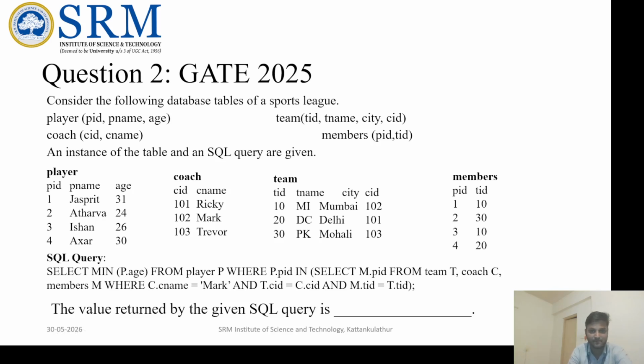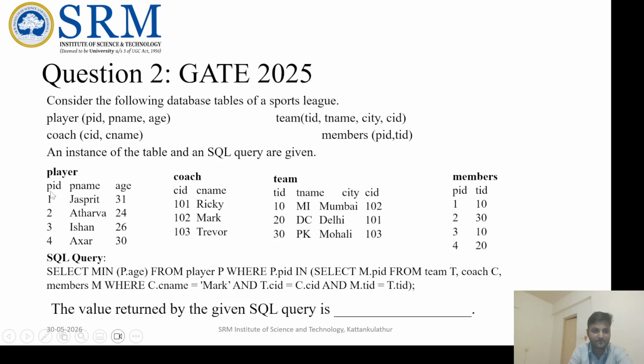That is the condition. IN and NOT IN, these kinds of functions are just to check the set, whether the result is a member of that set or not. Now, select minimum P.age from player P, this is the outer query, where P.PID is in that set. The set is PID 1 and PID 3.